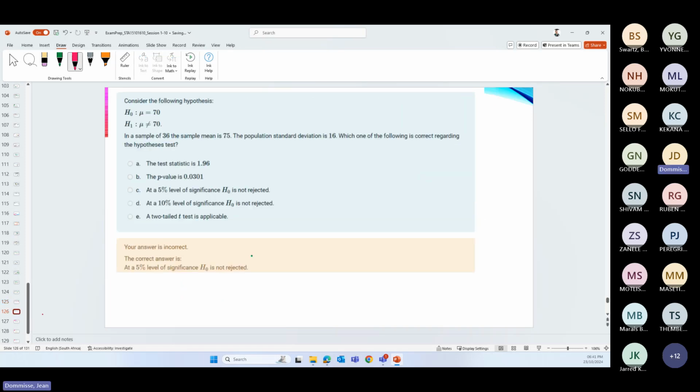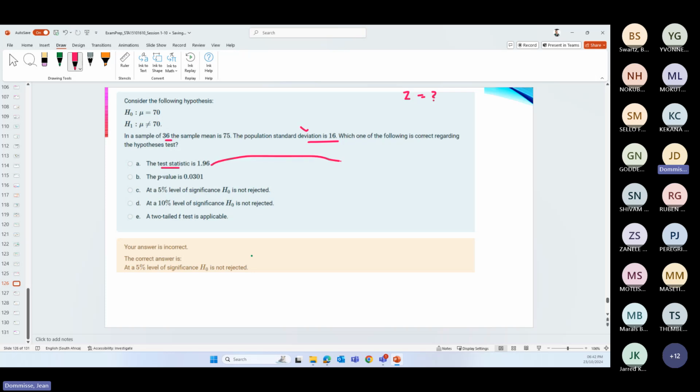Okay, then we go into hypothesis testing. And we can look, they say in a sample of 36, again, population standard deviation. So we know that in any case, if we need to do anything, we are working with a Z, and then they give us options. But first thing, let's just look at, so here we need to work out a T-stat.